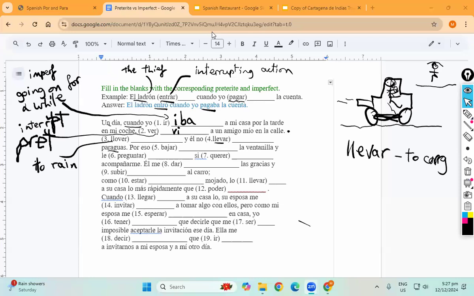Take off the ER. It was raining, so we need the él form, the he/she/it form. For that, we add ía, right? So llovía, it was raining, and we use imperfect because it is a continuous action.